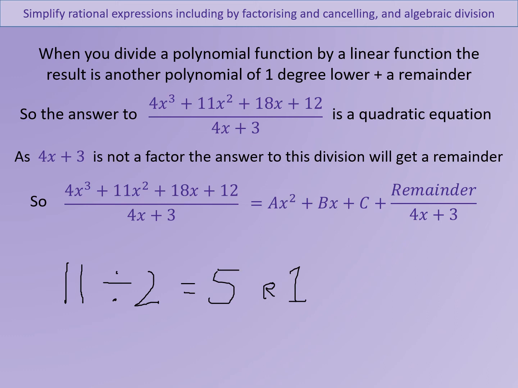Now that number 1 is not just remainder 1, it is 1 out of whatever you were dividing by, which is why later on you wouldn't write remainder 1 like that. You would write 5 remainder 1 out of 2, because that's what you were dividing by. And it's exactly the same when it comes to these type of things here. When you're dividing, even though they're algebraic, it still works out the same idea.